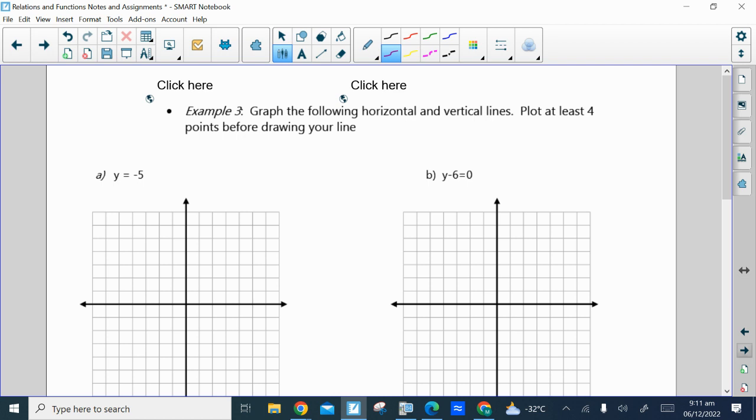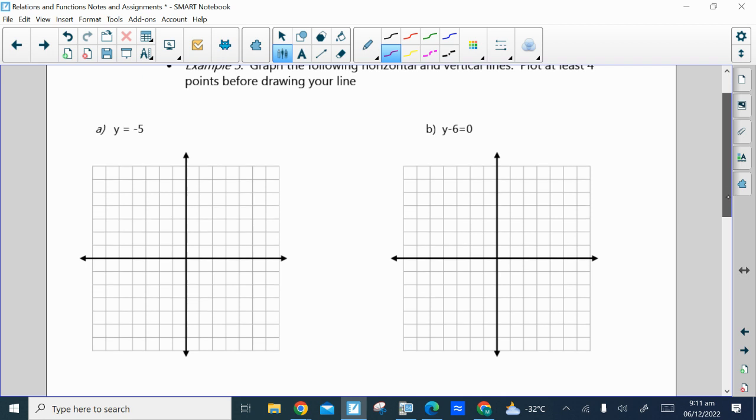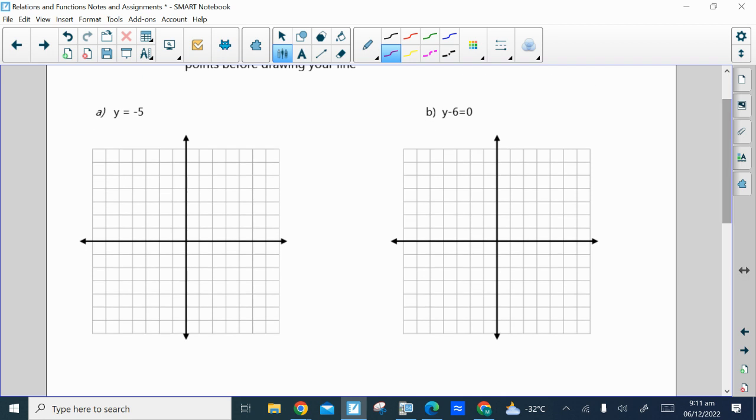So let's look at some special lines where either there is only y or there is only x. We've already talked a little bit about how you can graph lines that only have the y and not the x. Like this first one, there is no x term.